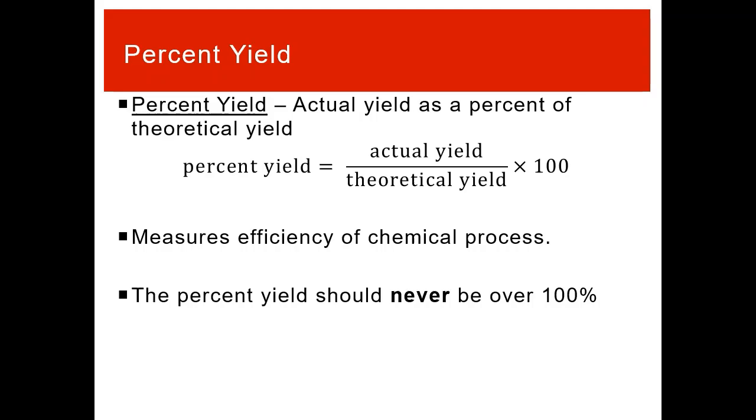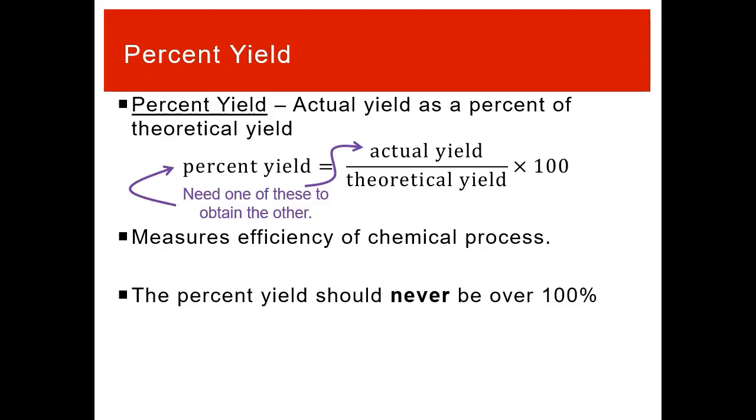Converting to a percent yield gives you a consistent metric to identify how good you have done at performing some sort of reaction, how close you were to perfect, or how efficient you were. And related to the idea that actual yield always needs to be less than theoretical yield, because you're dealing with a percentage, the percent yield cannot be more than 100%. You can't make more than the perfect theoretical yield.